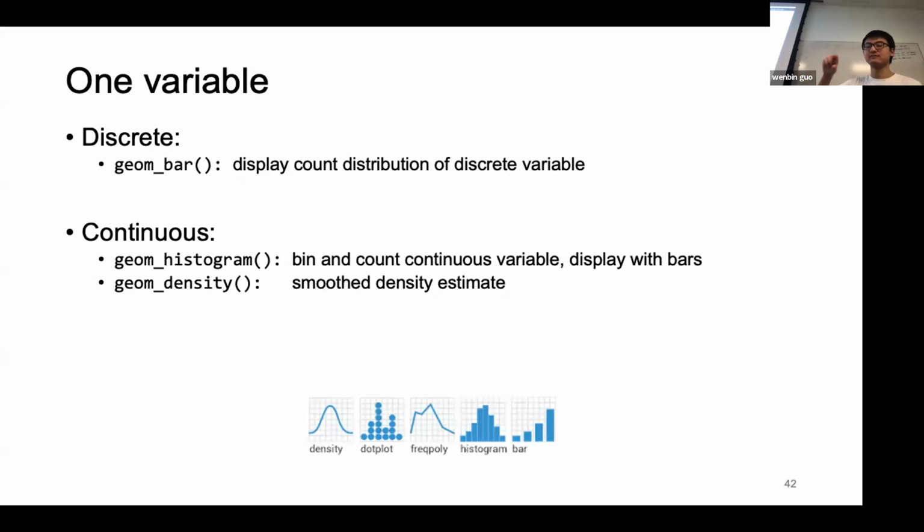For the values, it might be duplicated. You want to count the values and see how they distribute. And if it's a continuous variable, you can use the histogram or a density plot to show the distribution. Because right now you only have one variable, so the only thing you can show is the distribution, right?